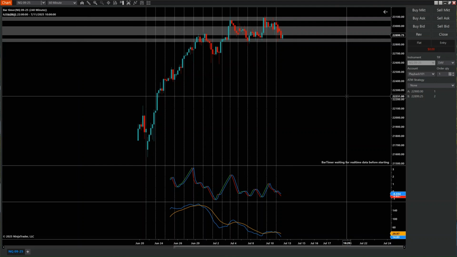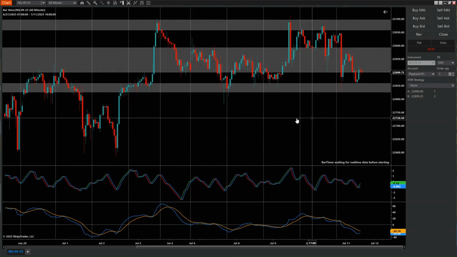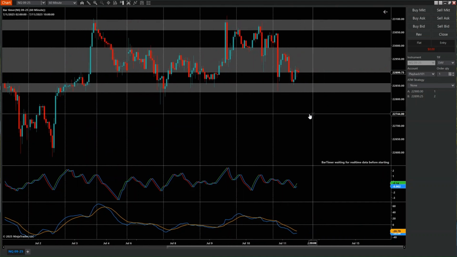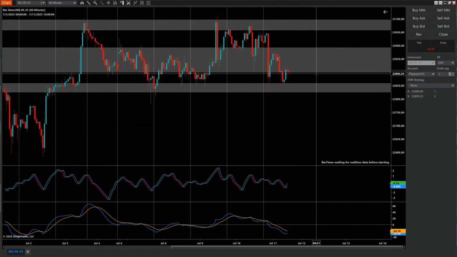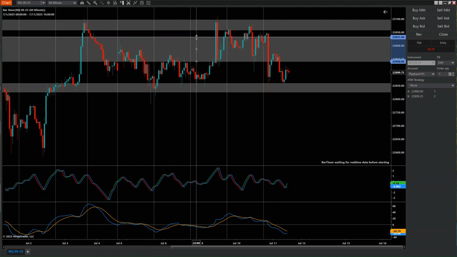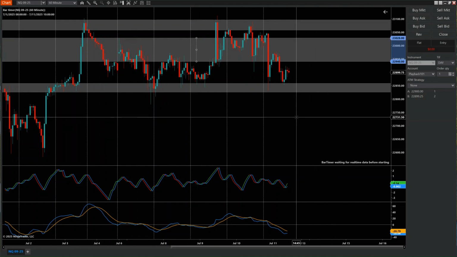I go down to the 1-hour time frame and I do the same thing. I look for any fair value gaps, and I see there's one here on the 1 hour.